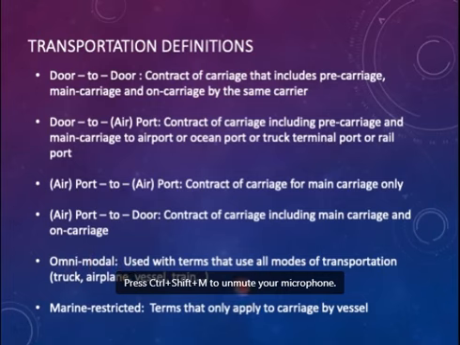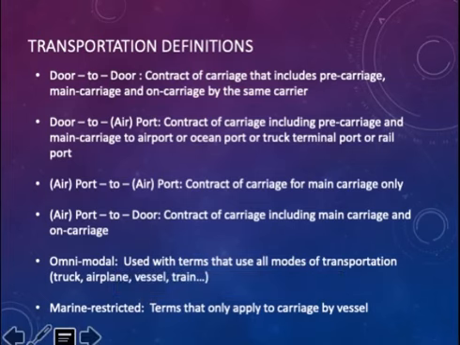It means all modes of transportation: truck, airplane, sea vessel, train. Okay. The next is marine restricted. Marine restricted means the term is only for carriage by vessel, by sea. I mean by sea.